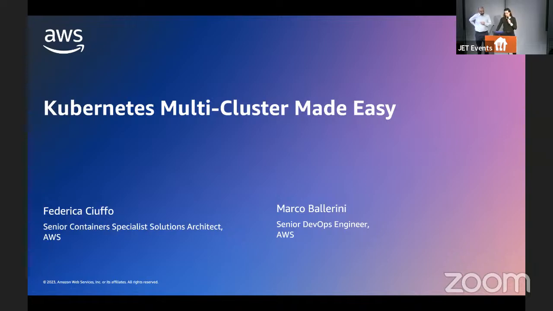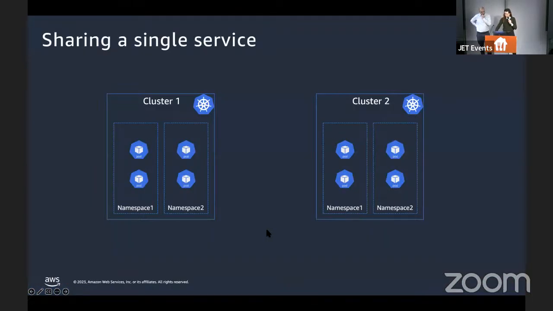But before that, let me just start. Okay. And why are we talking about multi-cluster in the first place? So when you're deploying on Kubernetes, you have most likely multiple clusters. Most likely because you have security boundaries that you need to enforce, or you have different teams which are deploying services in different clusters.